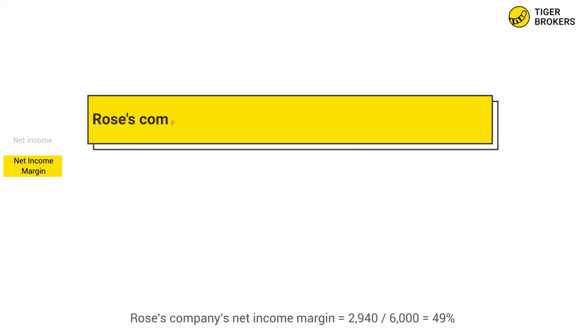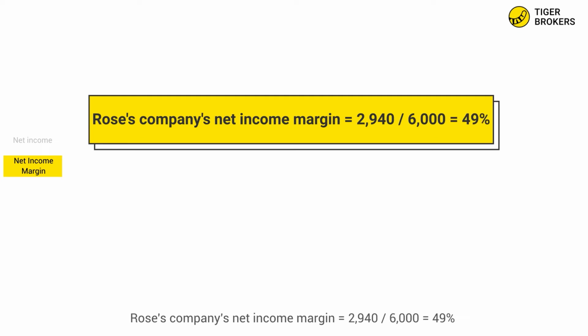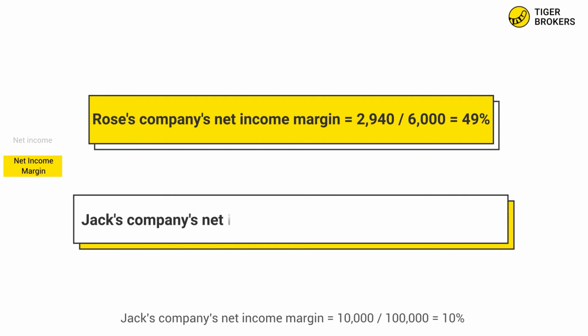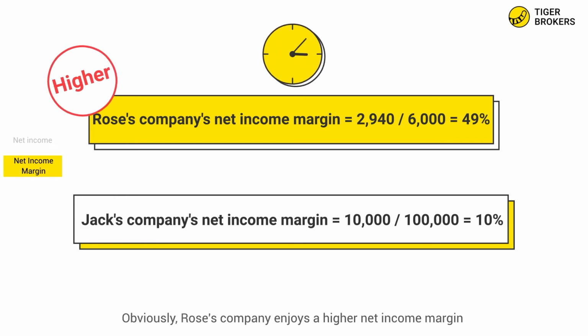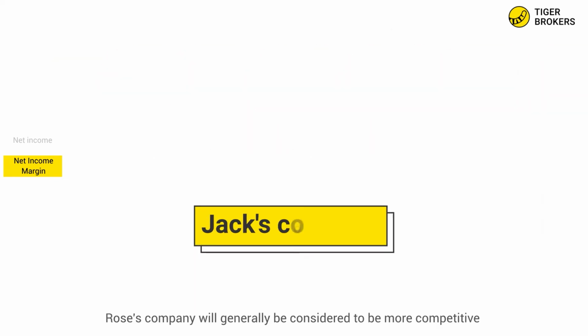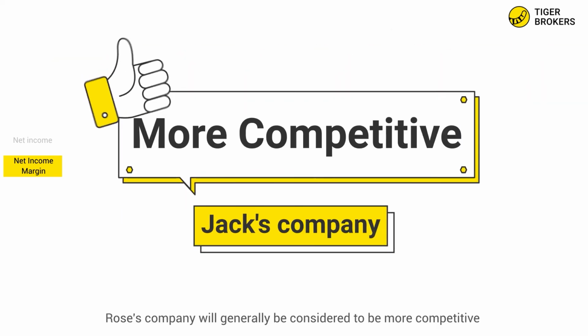Rose's company's net income margin equals 2,940 divided by 6,000 equals 49%. Jack's company's net income margin equals 10,000 divided by 1 million equals 10%. Obviously, Rose's company enjoys a higher net income margin. If this trend persists in the long term, Rose's company will generally be considered to be more competitive.